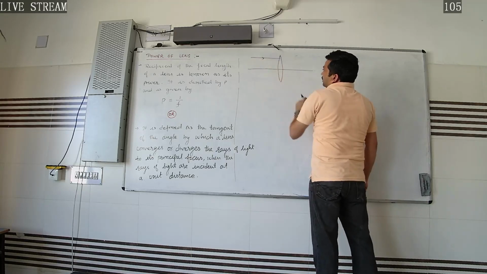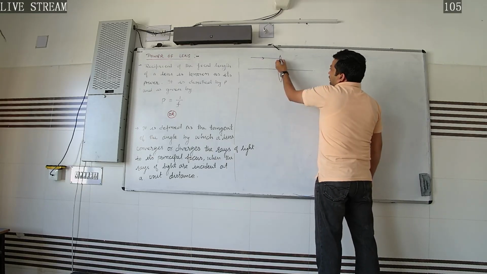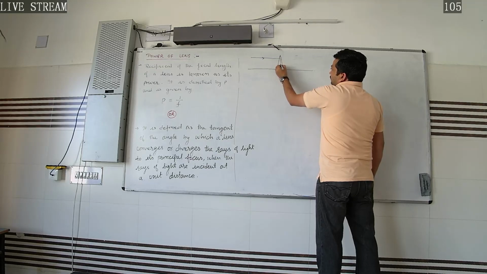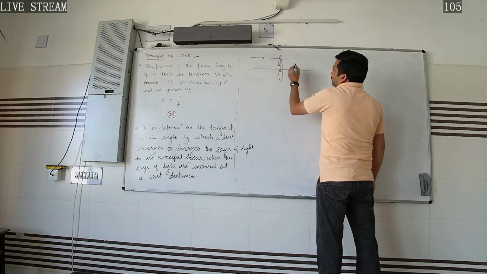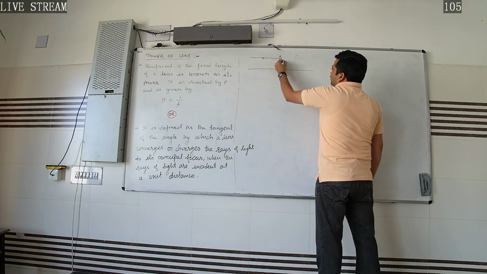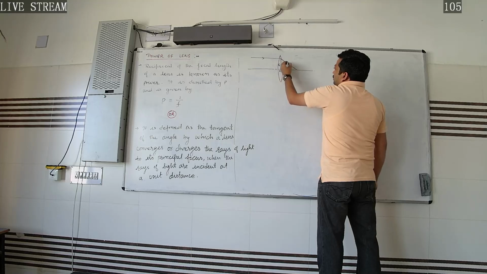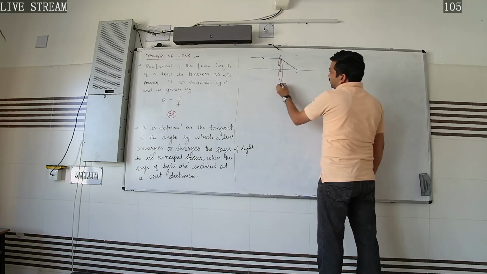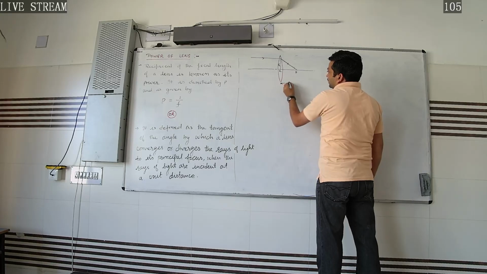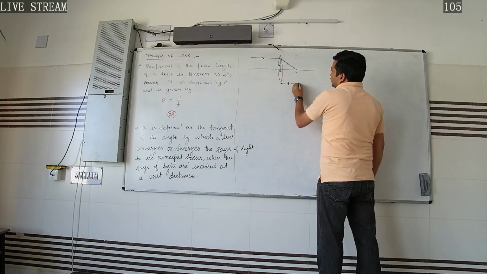It is traveling parallel to the principal axis, and let us consider it is made incident on the lens at a unit distance, that is h, from its optical center. Then what would happen after refraction? This ray of light will converge to its principal focus, that is F, and the distance between optical center and the principal focus is denoted by small f.